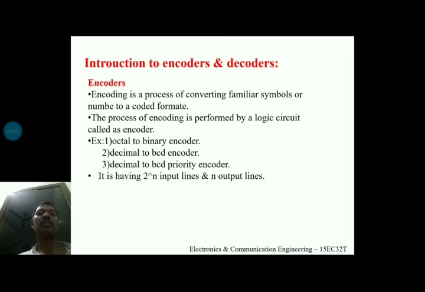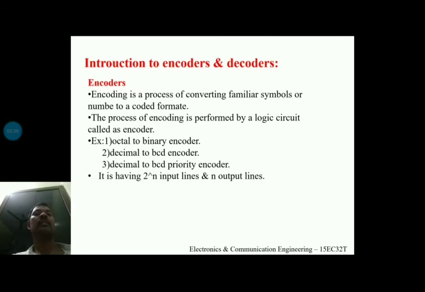Examples for encoders are octal to binary encoder, which is one technique that converts familiar symbols or numbers into a coded format. Decimal to BCD encoder is also an example, and decimal to BCD priority encoder is also a type of encoder. An encoder usually has 2^n input lines and n output lines.